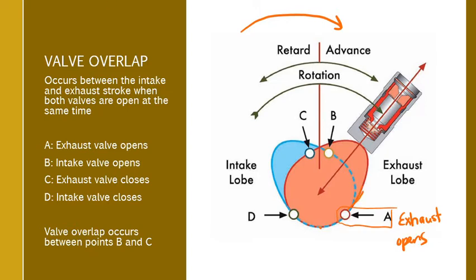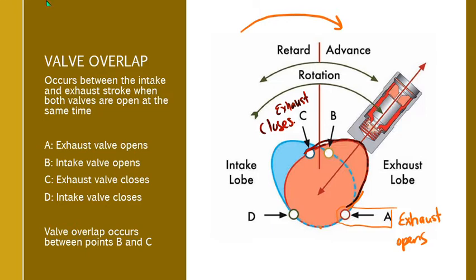Let's get a better color, maybe dark red. It's going to be open this whole time, max open right here, coming down. And once it gets back onto that base circle again, that's when it closes. Exhaust closes.